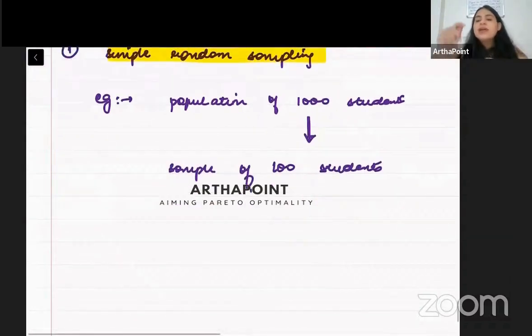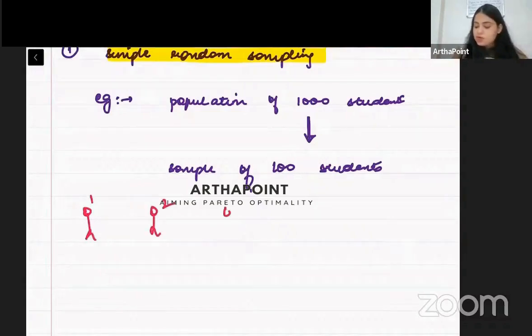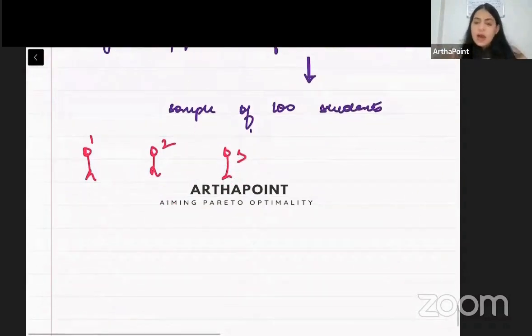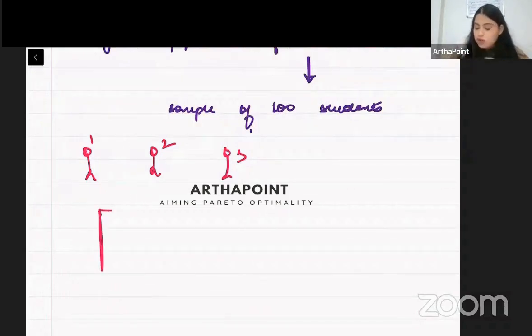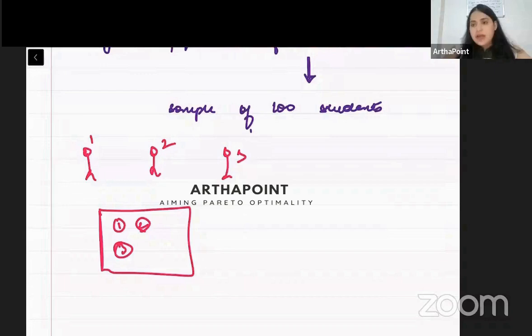I can give a number to each student. So I can say, okay, this is number 1, number 2, number 3. I've allotted a number to each of them. And now I can start a lottery system. I will put all these numbers in a box, 1, 2, 3, and so on, and then I will pick up 100 chits from this box.